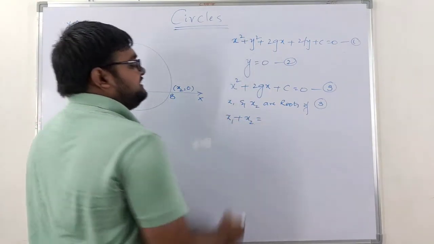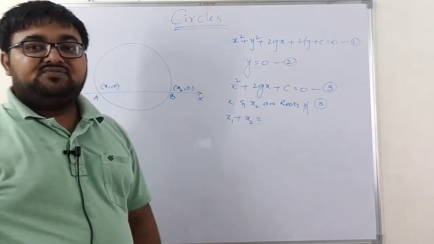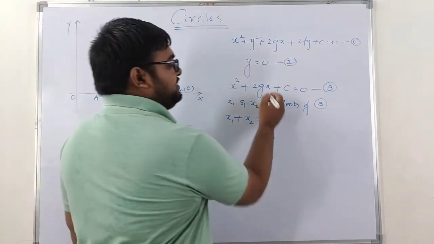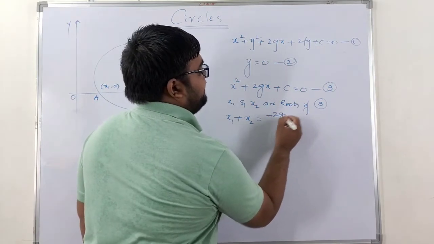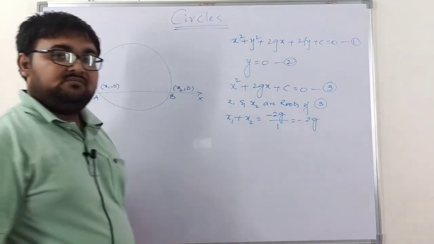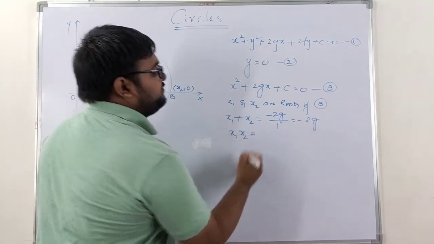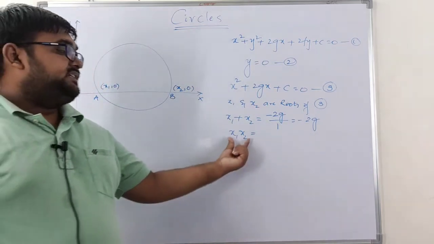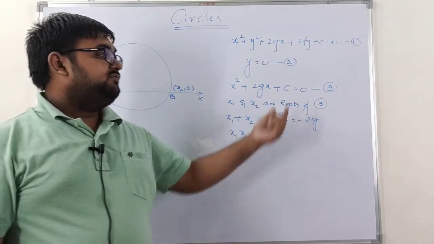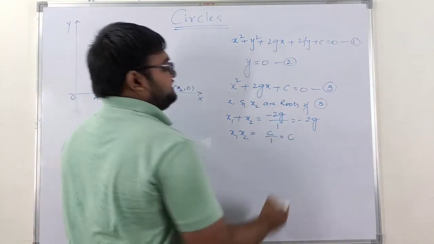What is the sum of roots formula? x1 plus x2 is equal to minus x coefficient by x square coefficient, so minus 2g divided by 1, which is minus 2g. In the same way, the product of roots, x1 into x2, is the constant by the x square coefficient, which is c.